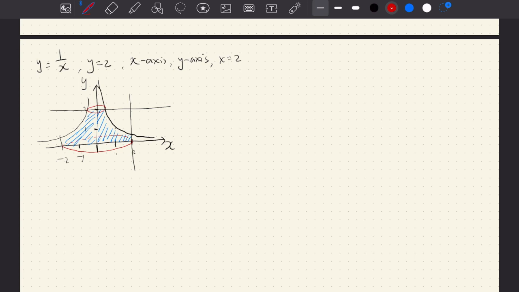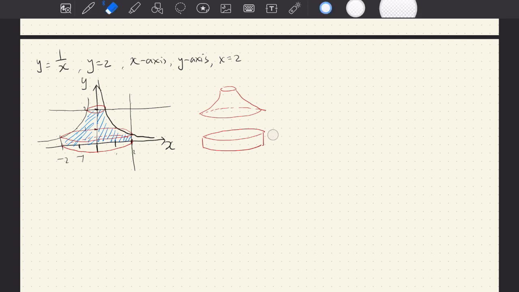So let's first look at here. If you cut this solid around here, okay? So you can see that this solid can be cut into 2 pieces like this, okay? So this is the upper part and this is the lower part, okay? So now let's look at the dimensions of these solids.